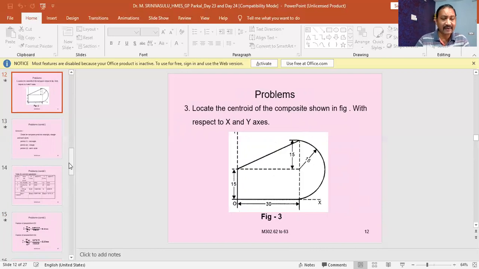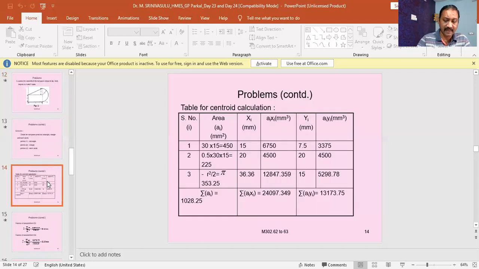Any type of combinations may be given. So we have to divide the given figure into the known standard areas. Then we have to find x1, x2, x3, y1, y2, y3, a1, a2, a3, and the terms a1x1, a1y1, and so on.